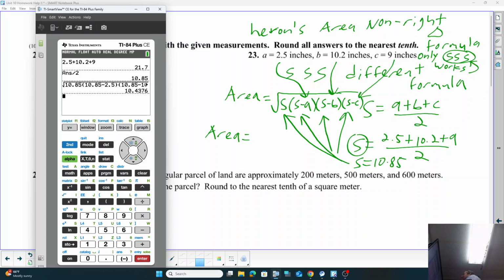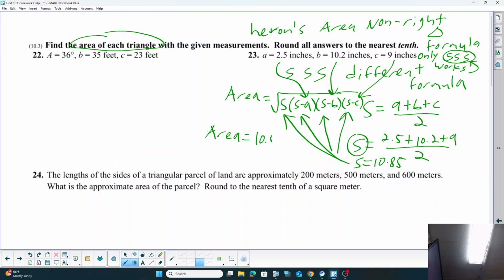And we get 10.437, which is just 10.4. So 10.4 inches squared is our answer. You can use the other one, which I'll show you here in a second. There we go. Yep, 10.4 inches squared.